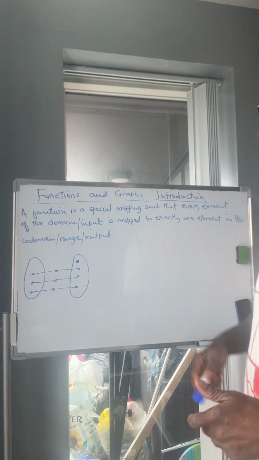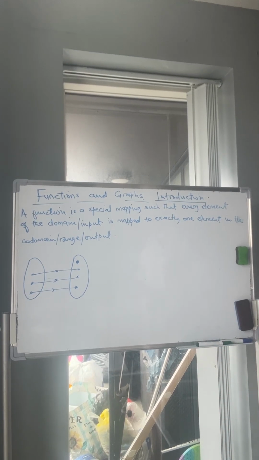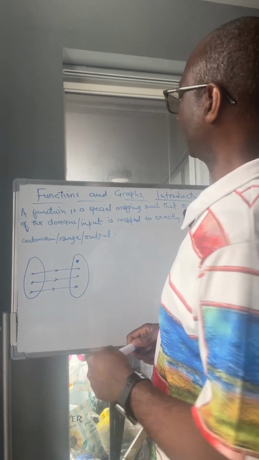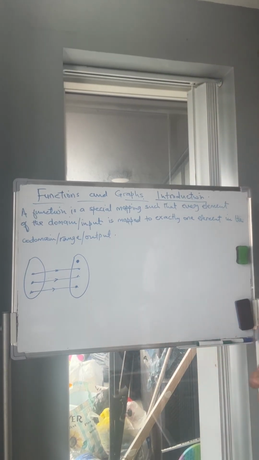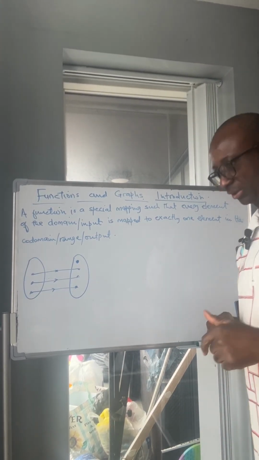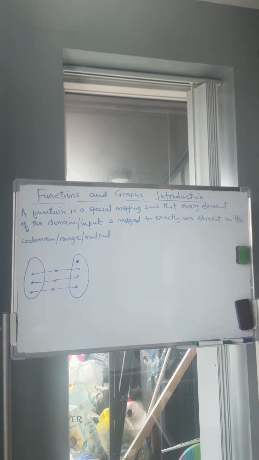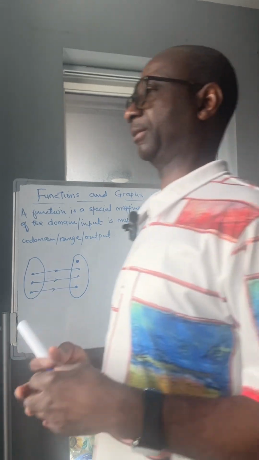We are still looking at functions and graphs, and we have defined what a function is, and we have also explained the importance of functions in the whole of science, engineering, astronomy, because we use functions to model the physical world.